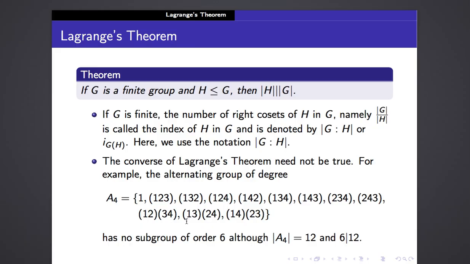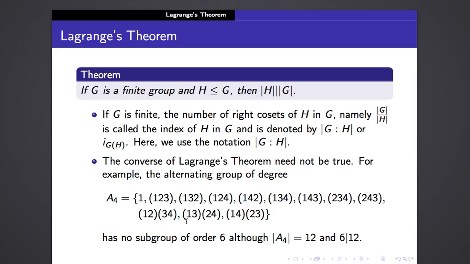Alternating groups are formed by the collection of all even permutations. I'm just recapping what we studied some time ago. So the order is going to be n factorial divided by 2. So in this case, 12 factorial divided by 2, right?